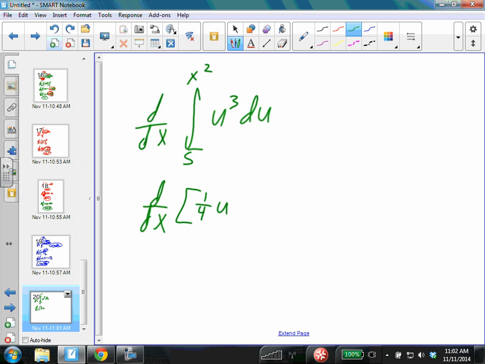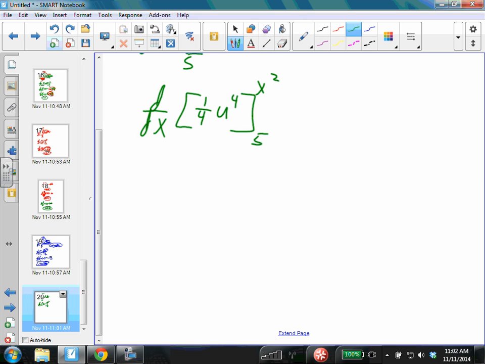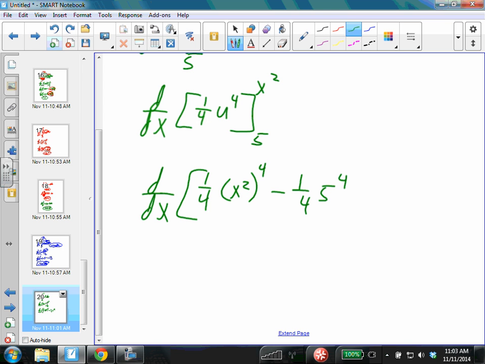U to the fourth, evaluated from 5 to x squared. So this is the derivative of 1/4 x squared to the fourth minus 1/4 times 5 to the fourth.